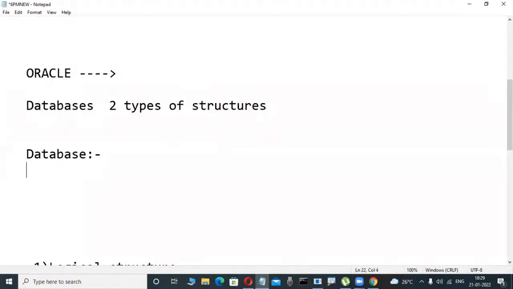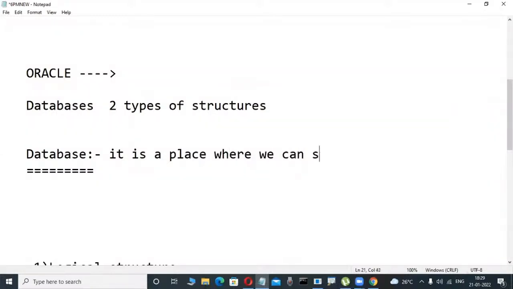What is a database? In Google or in books, it is a place where we can store a structured collection of data. What is data, what is information, what is DBMS, that is later. Structured collection of data.